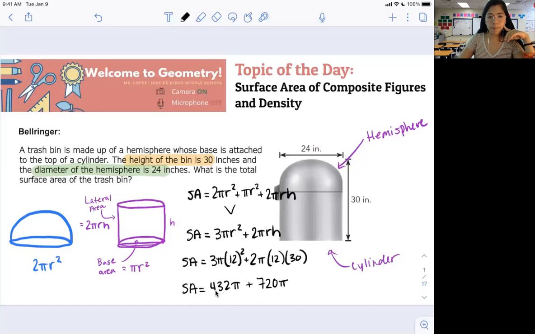So 720 plus 432. The surface area is going to be 1,152 pi. What are my units? Inches. Inches what? Squared. Good.